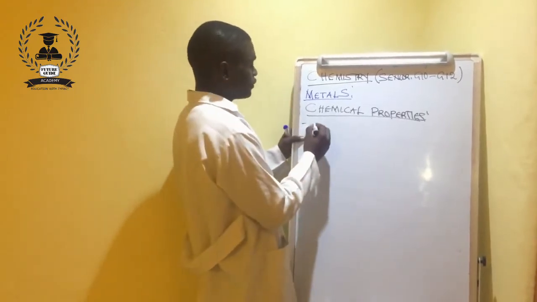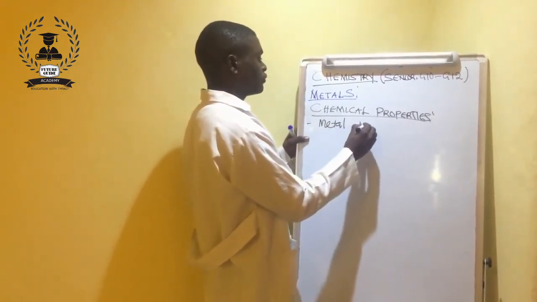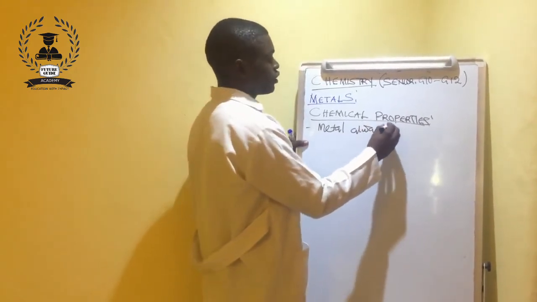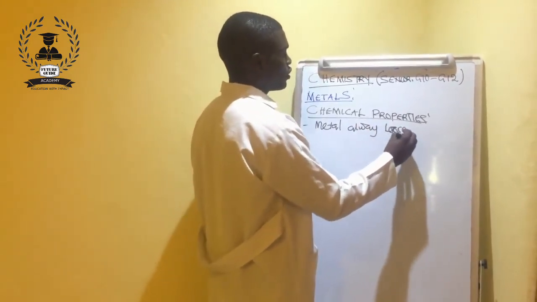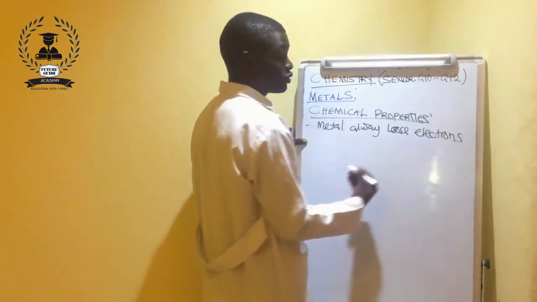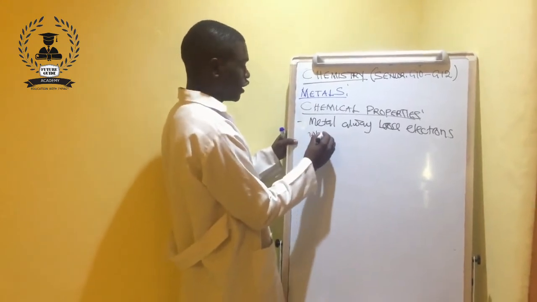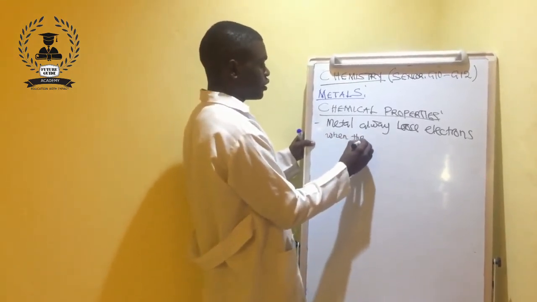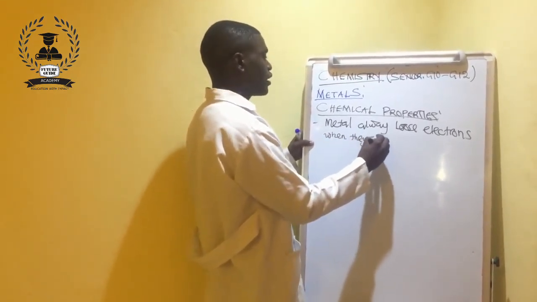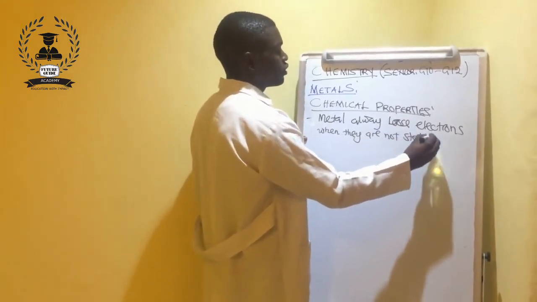We are saying metals lose electrons when they are not stable.